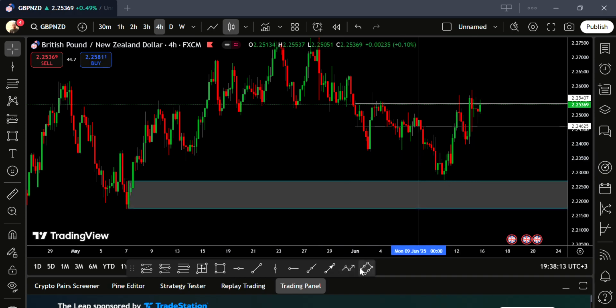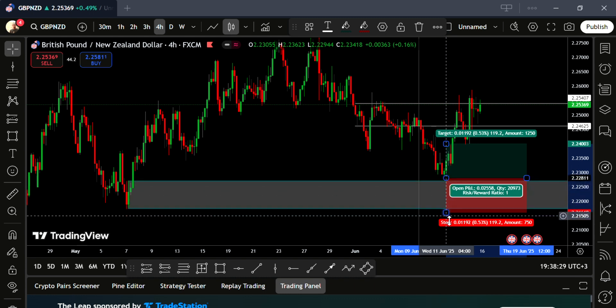So price drops and reaches this demand zone. If you set a buy limit, this is the trick I told you I'm going to share with you. They always told you with demand and supply, put like 2 pips above the zone, and then the stop loss 2 to 5 pips below the zone.